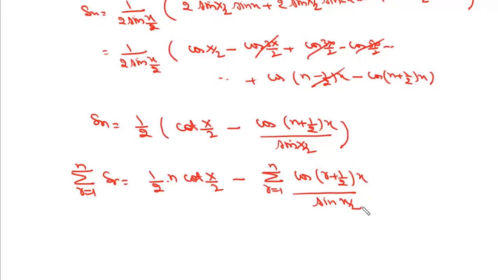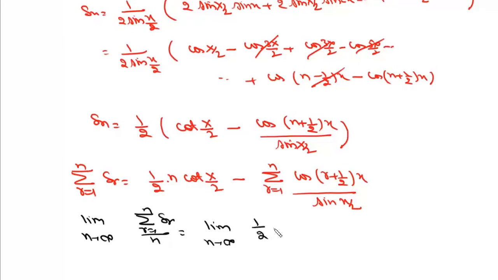Now we need to find this limit n tends to infinite summation Sr upon n. Now will be this limit n tends to infinite. Now here n and n will cancel.